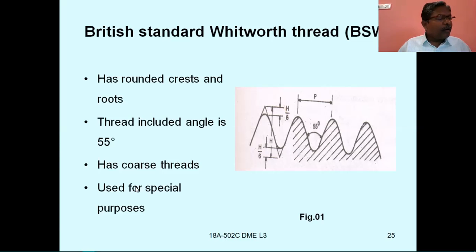Due to round crest and round root, it reduces the stress concentrations that occur at sharp corners. As it is not a sharp corner, the stress concentrations are reduced and the fatigue strength of the bolt also increases. This is the advantage.